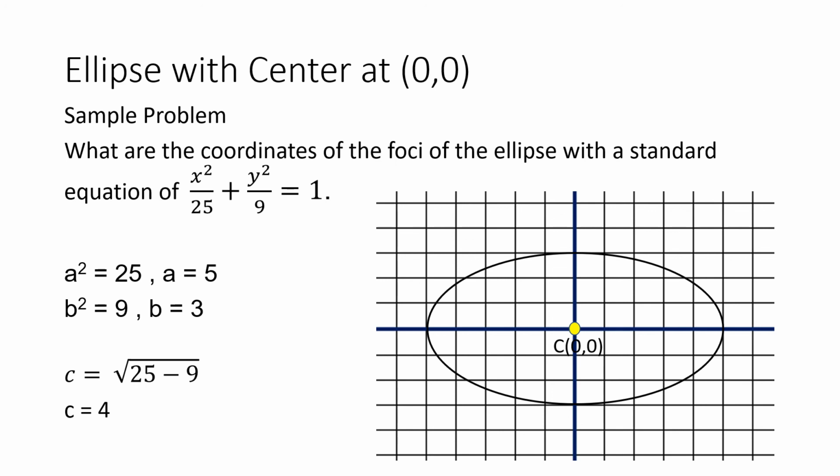So 0 minus 4, that is negative 4. So our focus on the left side will be negative 4, 0. And on the right side now, we add 4 units because that is going to the right. This will now become 4, 0.